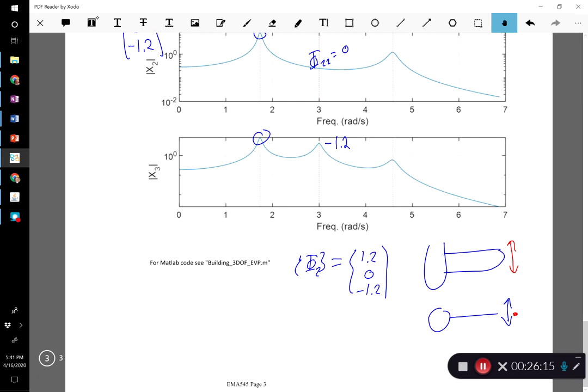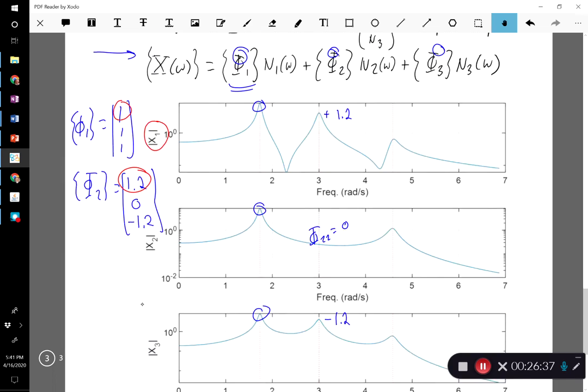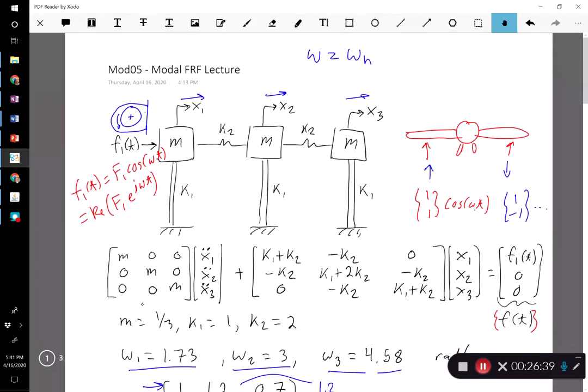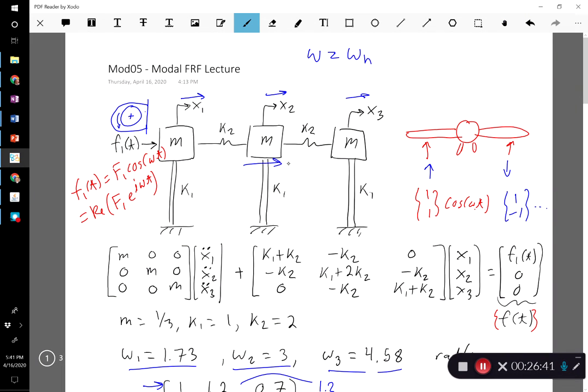And what that means, though, is that when we go to compute the force, we'll have phi, the mode shape transpose times a force vector, and in this case we had F1, 0, 0. So if instead we applied the force at the second mass, so let's suppose we put a force here, F2 of t.